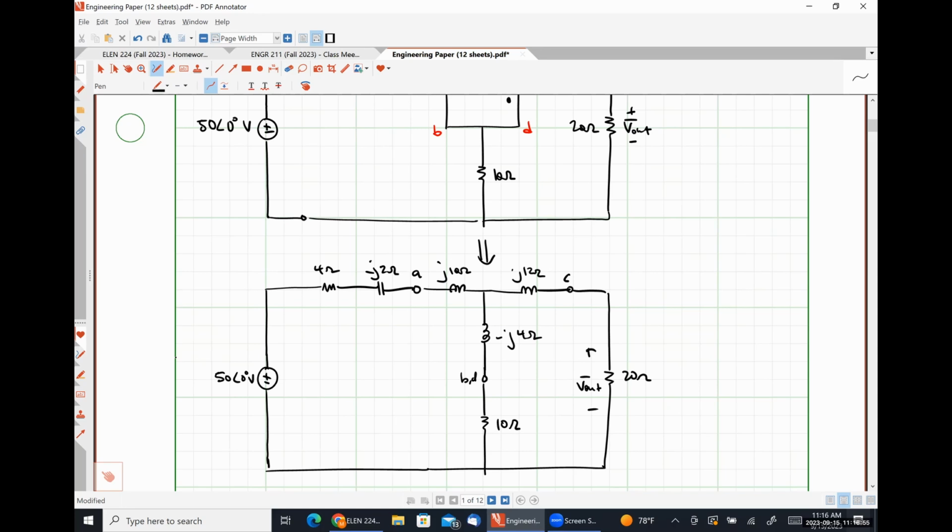So we could see the impedance seen by this 50 angle 0, which will give us this current. Then we could do KVL around this outside loop to figure out what the current I2 is, and then use Ohm's law. That's absolutely one way to do it. Not the way that I would do it, but it is one way to do it.